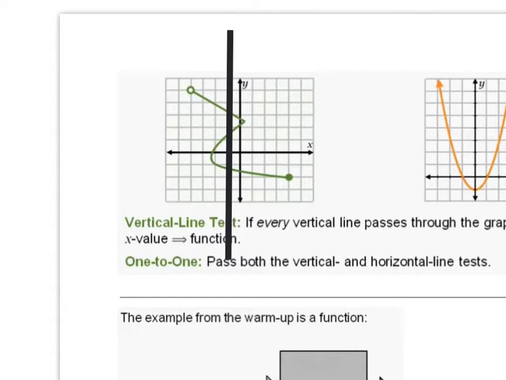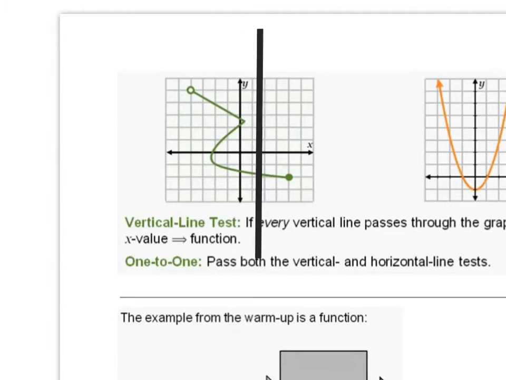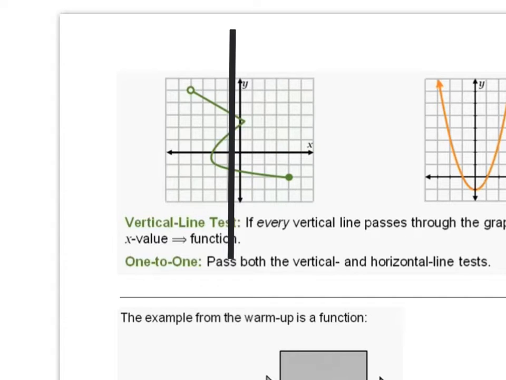If it hits at more than one location, then it's not a function. This is probably what you guys remember. This is the easy one. All you do is take your pencil and move it across the graph. It should only pass through the graph once. Okay? If it passes through more than one point, you don't have a function.